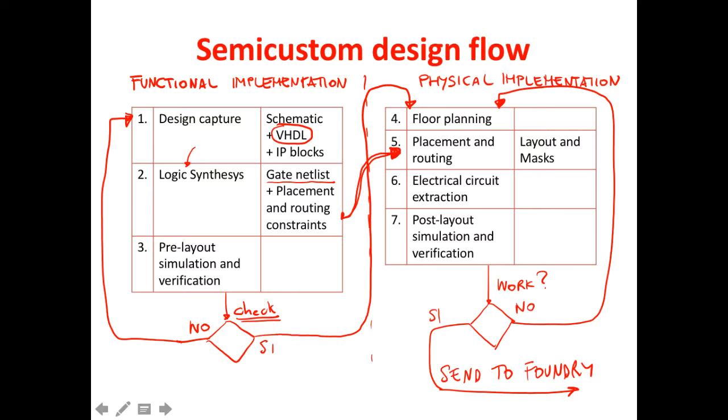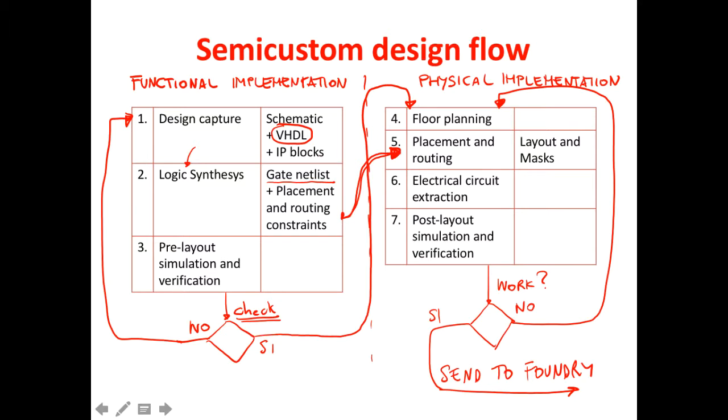For the first phase, we already mentioned the main 3 points, but it's interesting to see, let's say, the loop that is required. We first have a design capture phase in which we basically use VHDL, the hardware description language, and the IP blocks that we want to use.